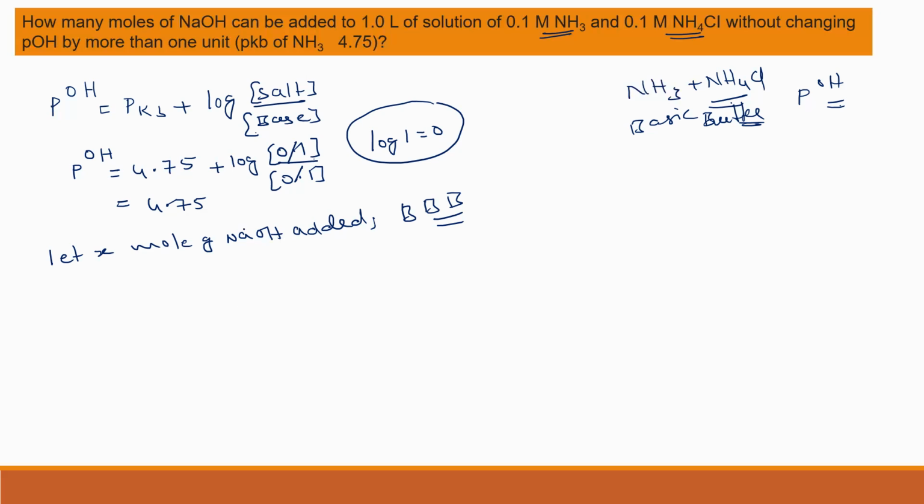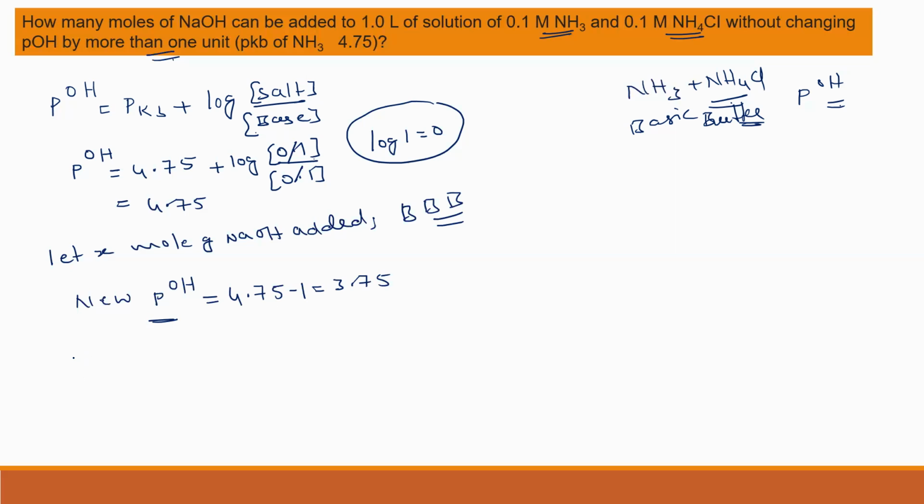Now what is the new pOH? They give 1 unit, so the new pOH has to decrease by 1 unit: 4.75 minus 1 equals 3.75. This is the new pOH value.